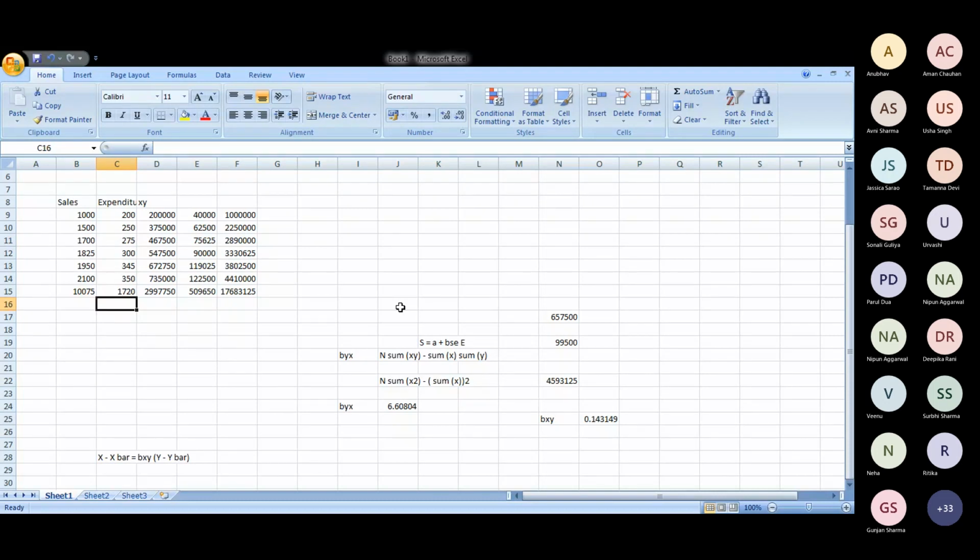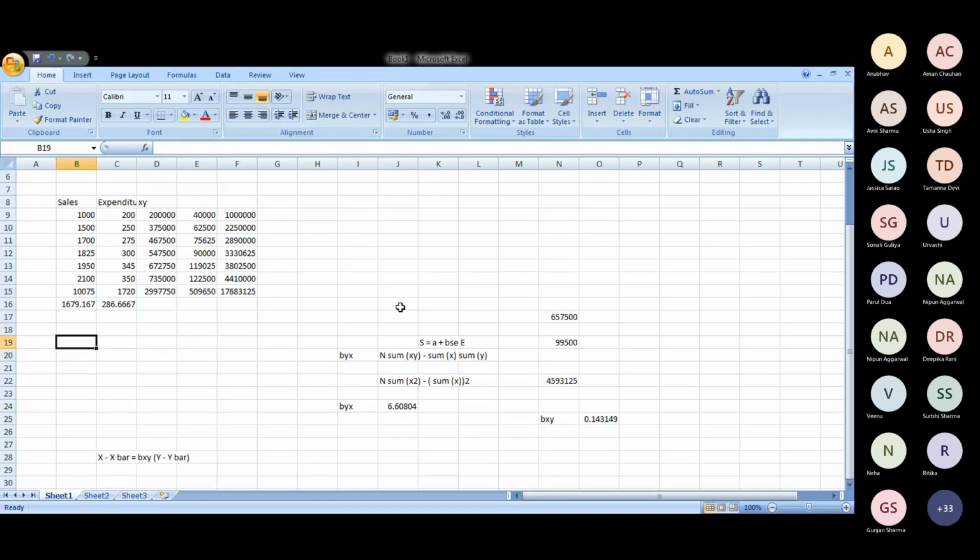It is 1720, the sum, divided by 6. So 286.67 will be the mean of x. And bxy we have already calculated, and then y minus y bar. For y bar, it is 10075 divided by 6, so 1679.167 will be the mean of y.